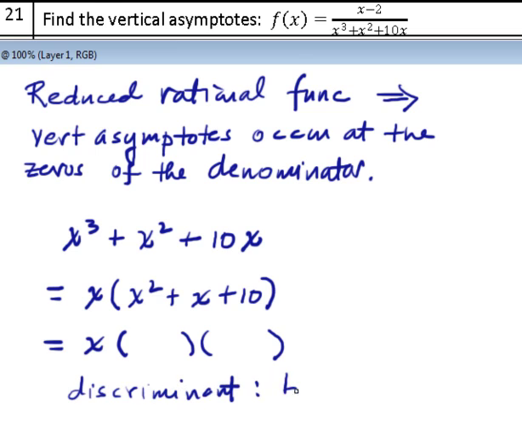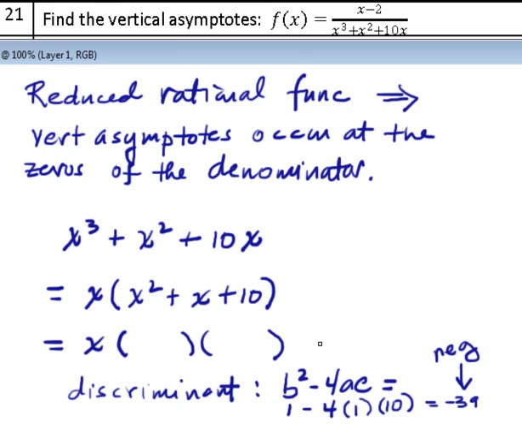The discriminant is b squared minus 4ac. All right, and b squared is 1, a is 1, and c is 10. That's 1 minus 40, minus 39. It's negative. Negative discriminant. Okay, that means no real zeros.